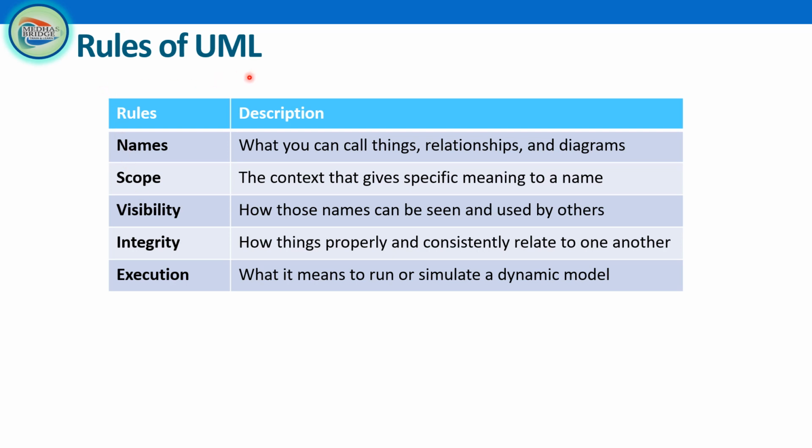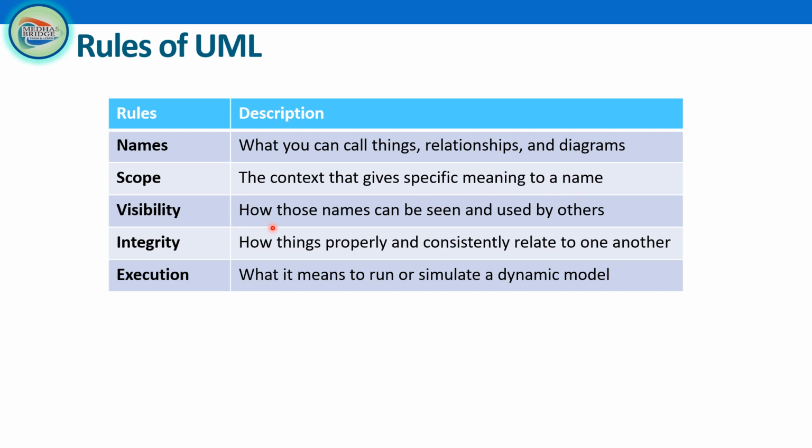Rules of UML. We have names, scope, visibility, integrity, and execution. Names: what you can call things, relationships and diagrams. You name them properly. Scope: the context that gives a specific meaning to a name.